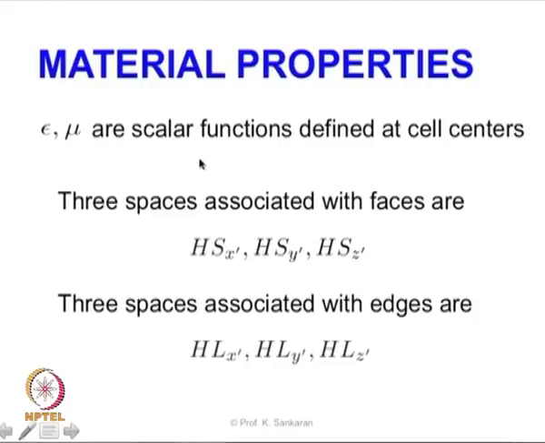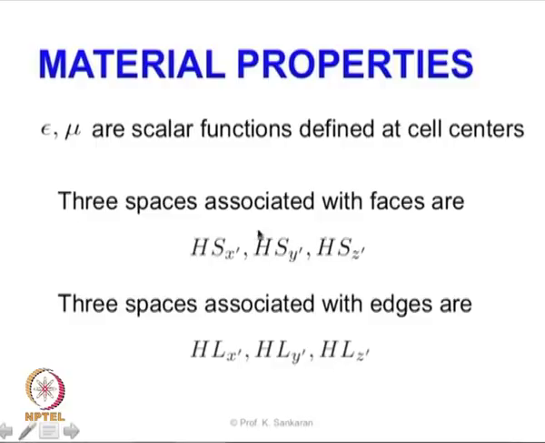There are going to be 3 spaces that we define associated with the faces, termed Hs x prime, Hs y prime and Hs z prime. There are going to be 3 spaces that we assign to the edges, called HL x prime, HL y prime and HL z prime.